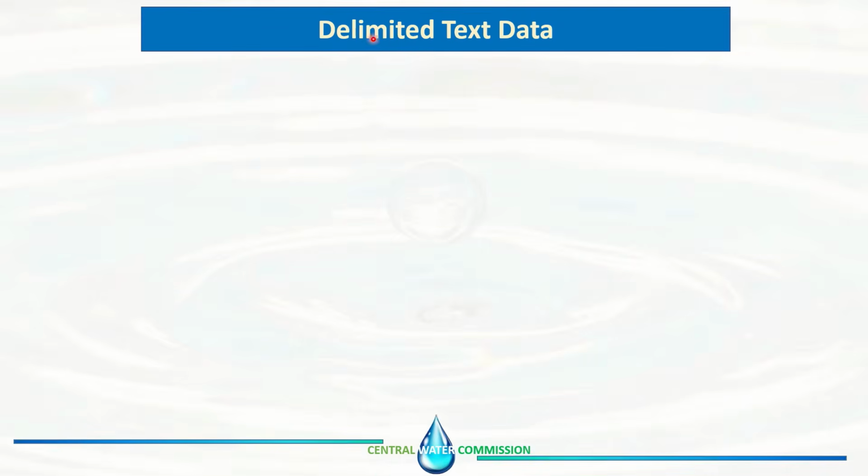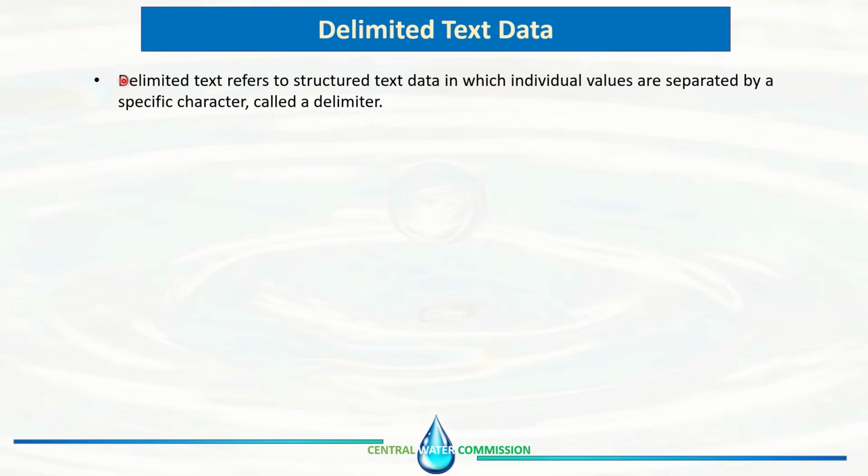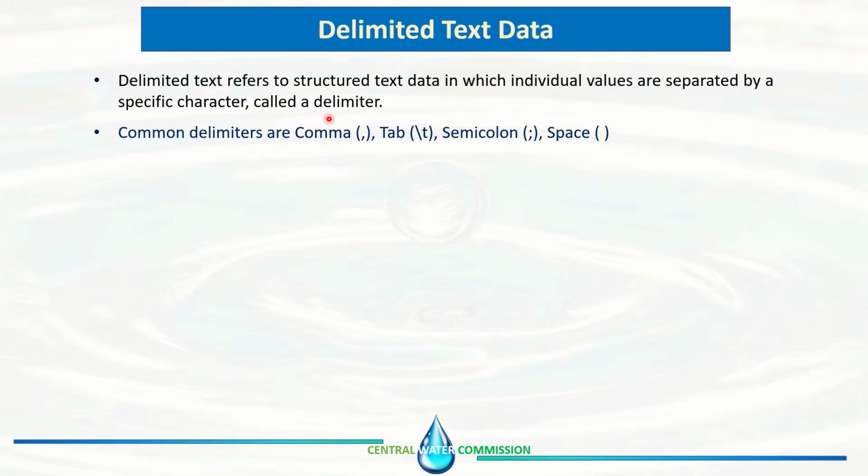Now let us see what is meant by delimited text data. Delimited text data refers to structured text data in which individual values in a row are separated by a specific character known as a delimiter. The commonly used delimiters are comma, tab, semicolon, and space.